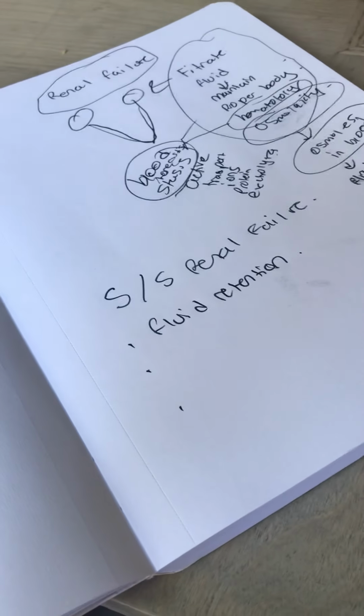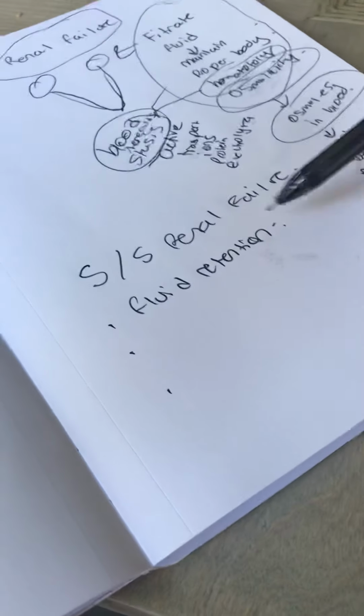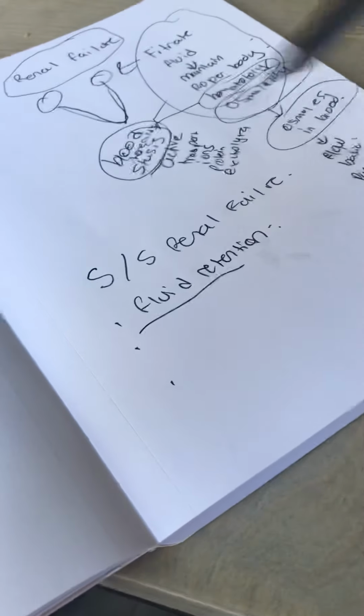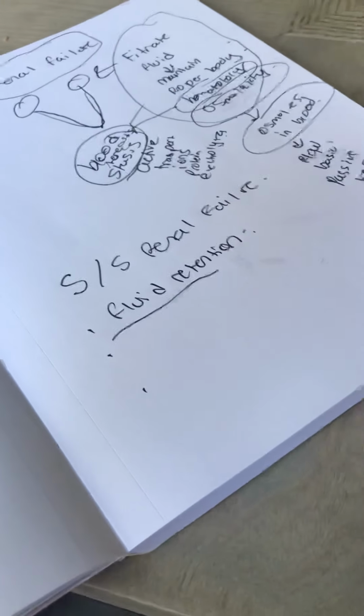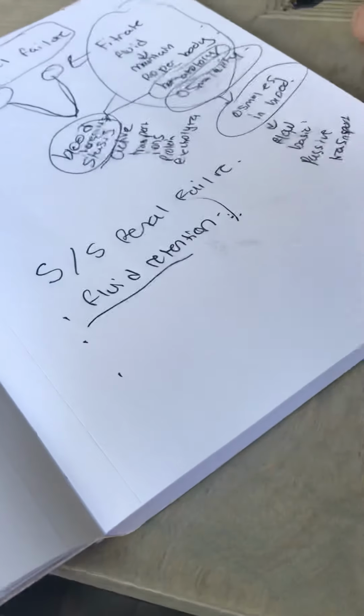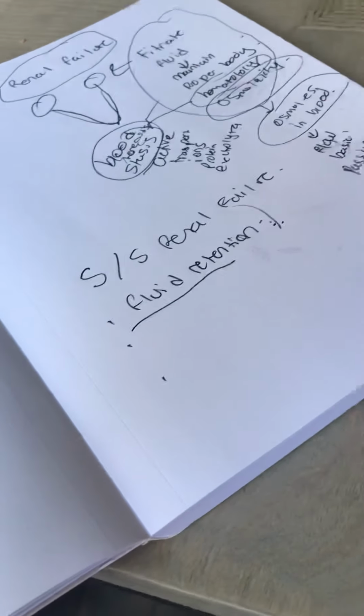Depending on why you're going into renal failure, you would have to understand completely why you are maintaining fluid, right? So before you move on to the next sign and symptom, we're going to just dissect fluid retention. So why might you have issues with fluid retention before we move on?